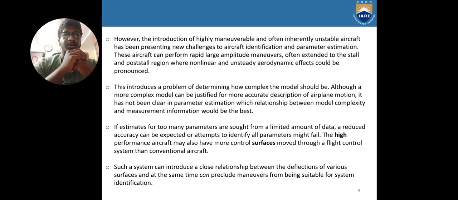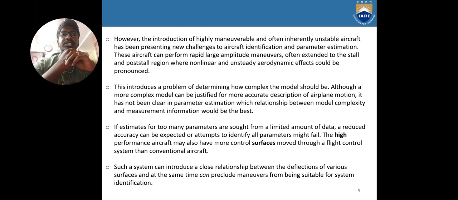This introduces a problem of determining how complex the model should be. Although a more complex model can be justified for a more accurate description of airplane motion, if estimates for too many parameters are sought from a limited amount of data, a reduced accuracy can be expected or even failure.